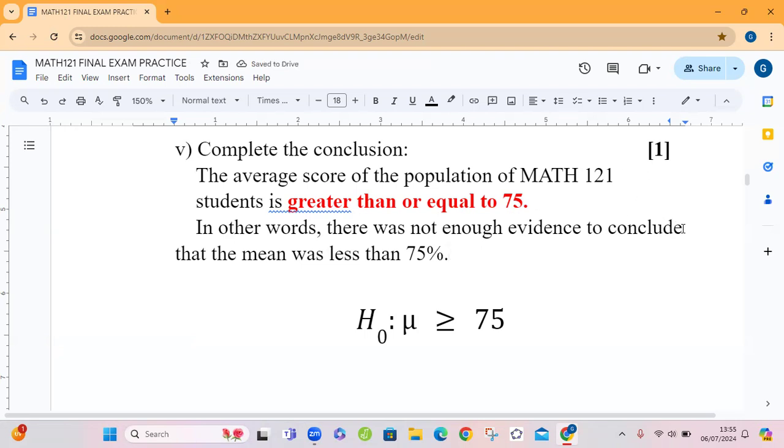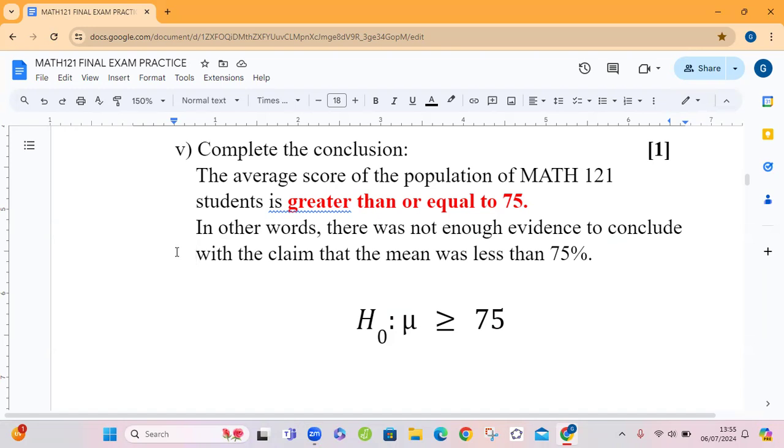And that was the claim. Okay, so in other words, there was not enough evidence to conclude with the claim that the mean was less than 75%. That was what was claimed, but the evidence showed an 85%. Most of the values are between 80 and 90. So therefore there wasn't enough evidence to conclude with that claim.